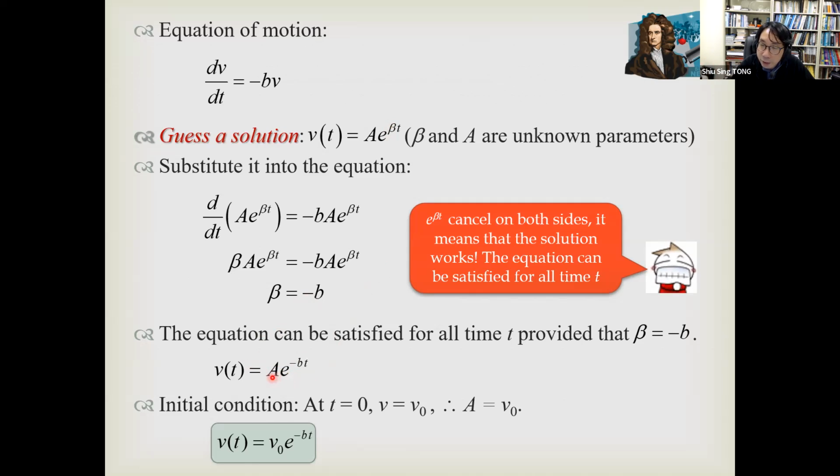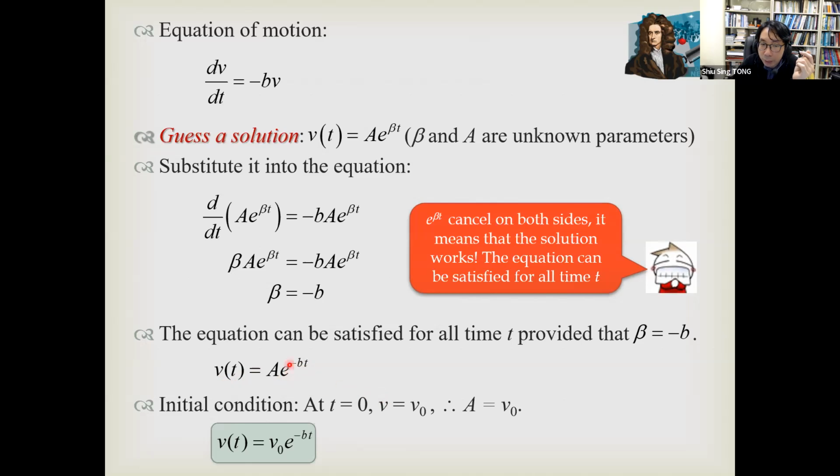And then how do I fix the constant A? Well, the constant A is the integration constant, in fact, and I fix it by imposing the initial condition. At time 0, my ball is just projected into the medium, so it has an initial velocity v0. And that means if I put time equal to 0, v is equal to v0.